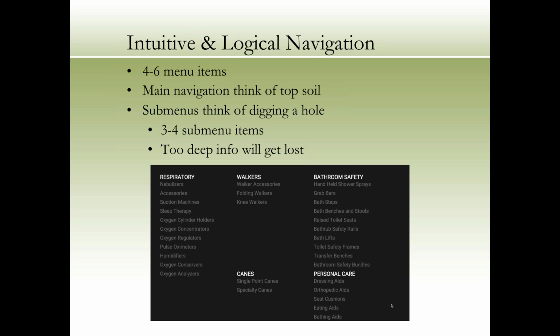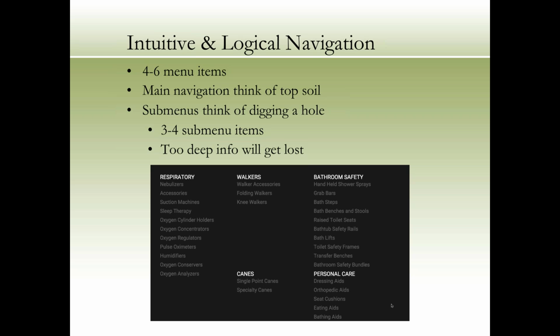And then if you dig too deep, so that's submenus, and you have more than 3 to 4 submenus, information is going to get lost. So just think of main navigation as your topsoil, and then your submenus are you're digging a hole to plant a vegetable or whatever.